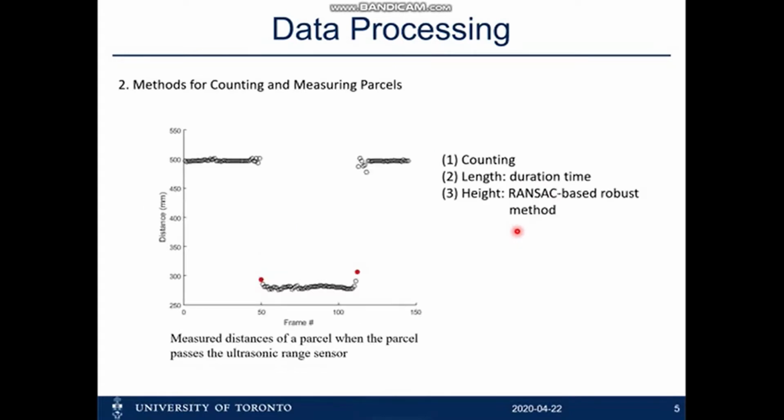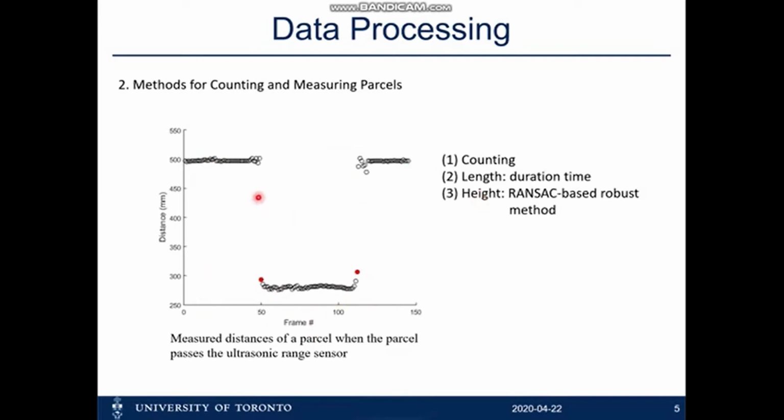About the methods for counting and measuring parcels, we found that the measured distance of a parcel when it passes the ultrasonic sensor will first decrease and then increase. Based on a predefined threshold, we can detect this decrease and increase phenomenon, and count the parcel when it passes the ultrasonic sensor.